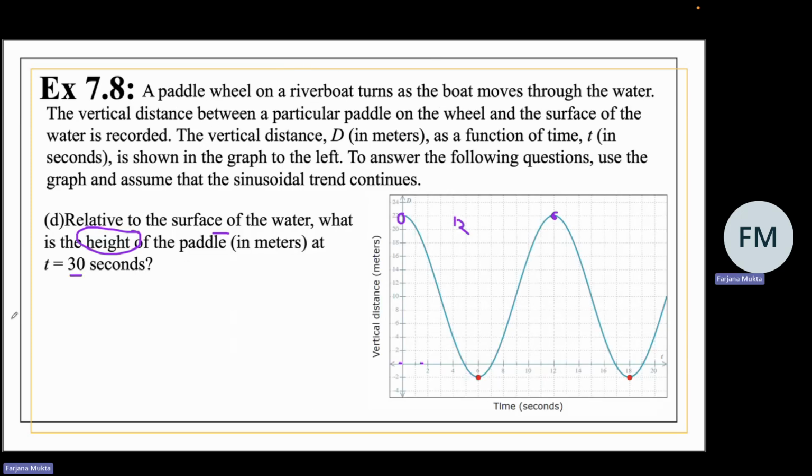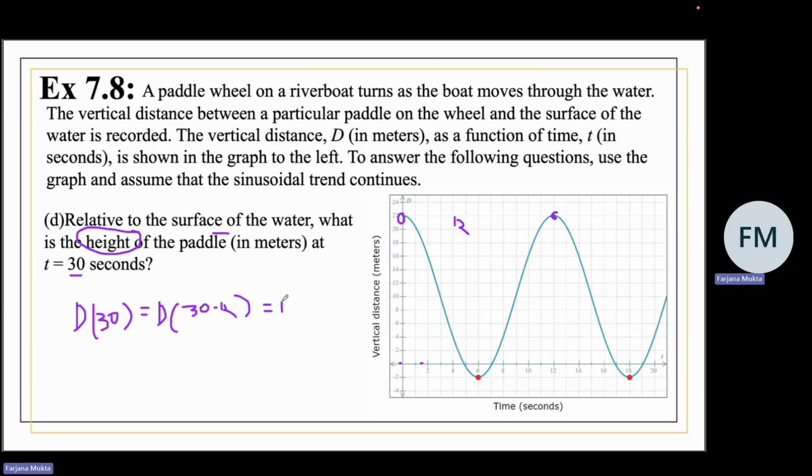For one period, since it's 12, what we'll try to calculate is D30, the distance for the time being 30. So D30 will be similar to D30 subtract 12, subtracting one period, or multiples of it, right?